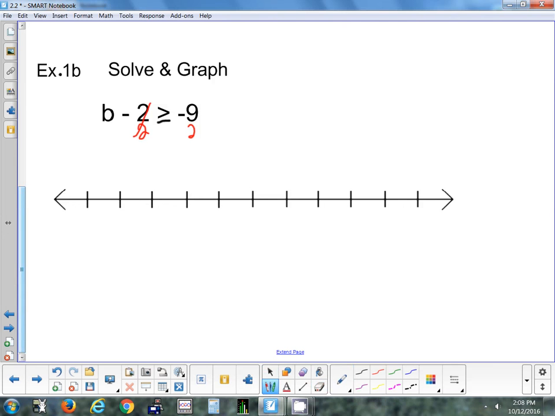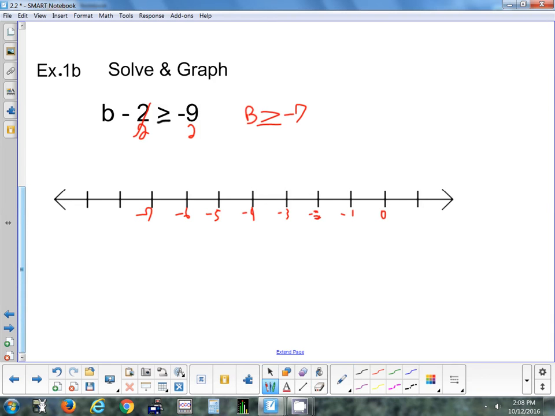So it's B is greater than or equal to -7. So we have to go that way. So I just made the 0 over here because there's not enough space, and it's -1, -2, -3, -4, -5, -6, and then finally -7.